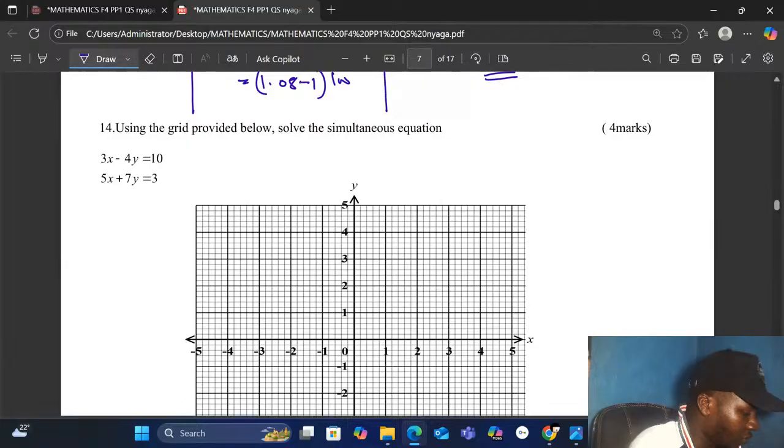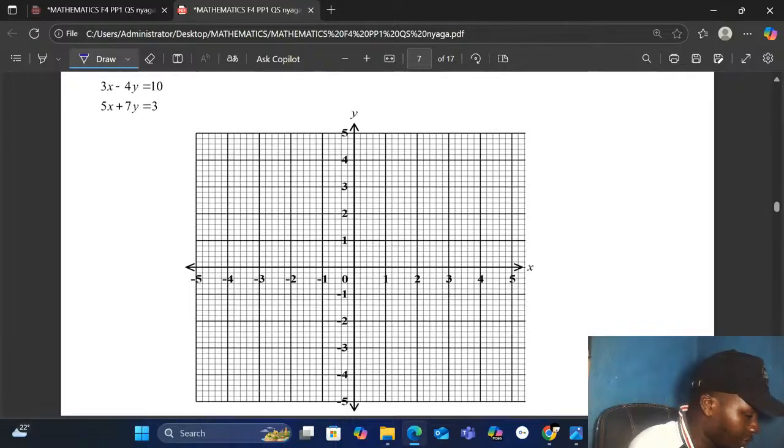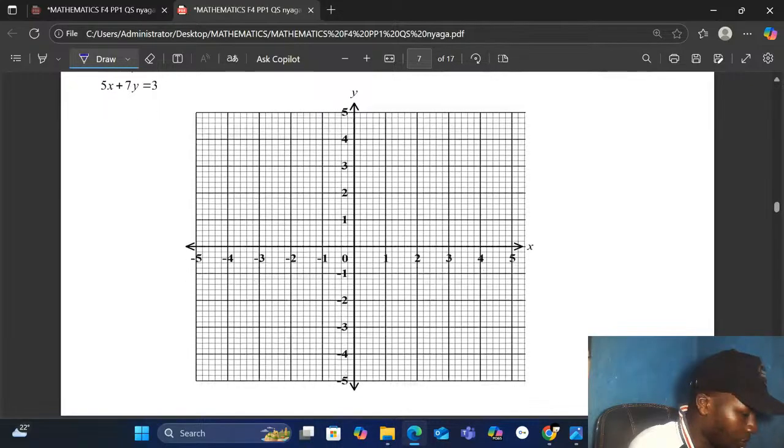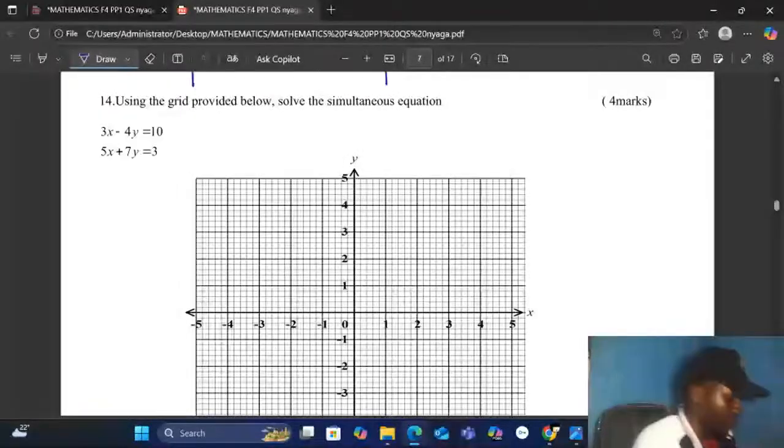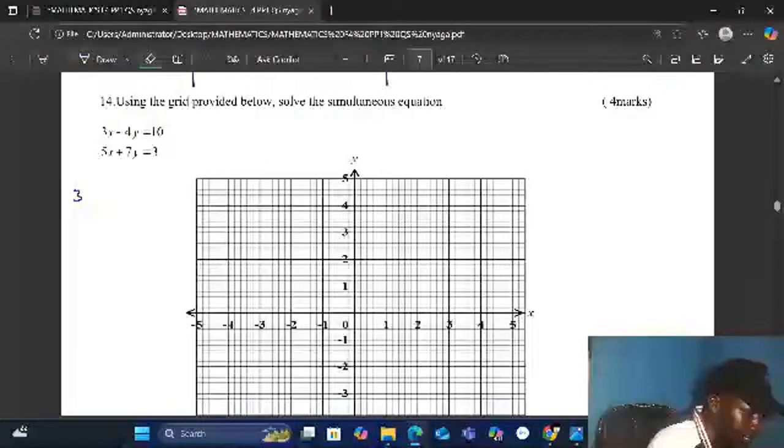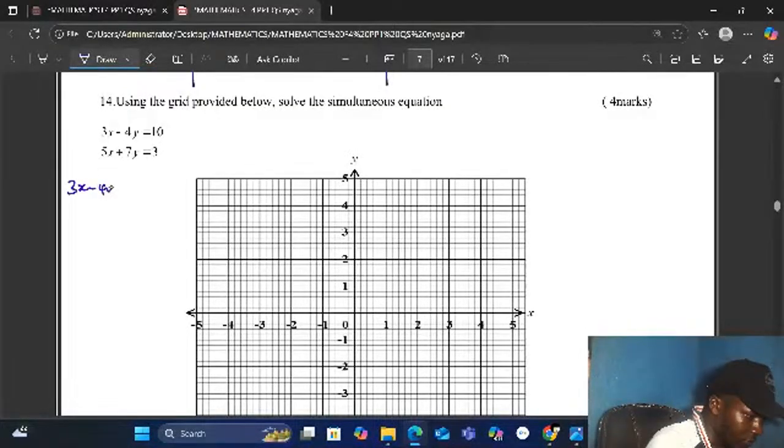Now we have to look for the points. Using the first one, let us find the points. 3x minus 4y equals 10.